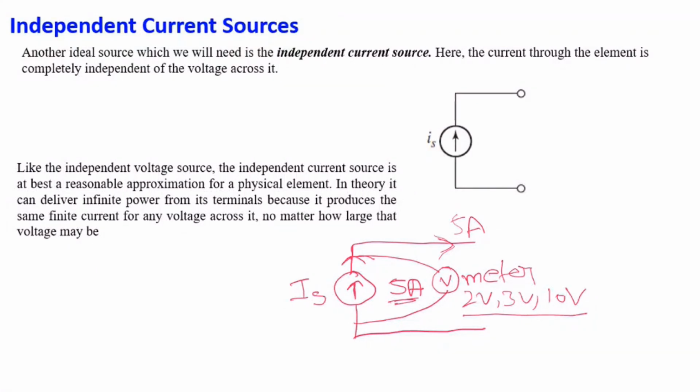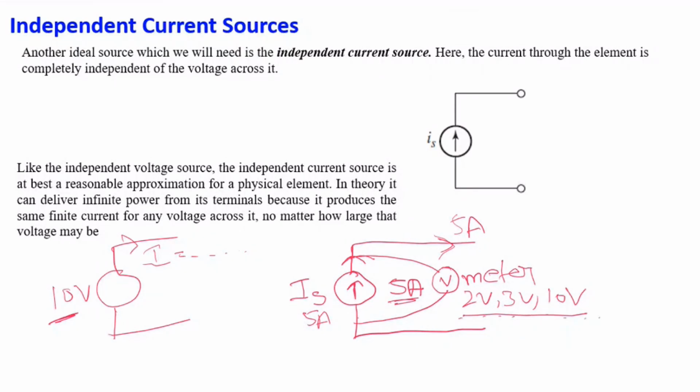So what is the difference between a voltage source and a current source? In a voltage source, potential is fixed. Suppose I write 10 volts, then this voltage is fixed and the current from it varies. Here IS is fixed, that is 5 amperes, and the voltage across this current source will be varying.